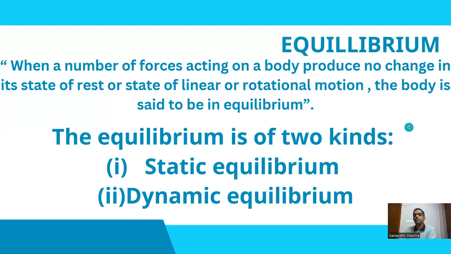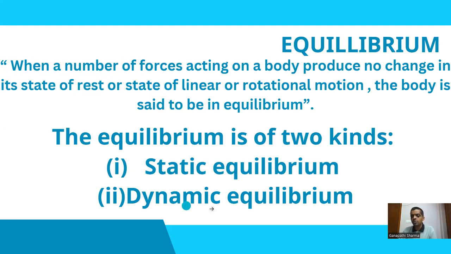The last concept we have is called equilibrium. What do you mean by equilibrium? When a number of forces act on a body and the body produces no change in its state of linear or rotational motion, it is called equilibrium. Equilibrium is of two types. If it is at rest, it is called static equilibrium.